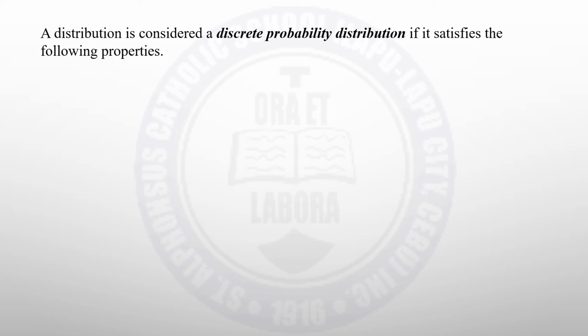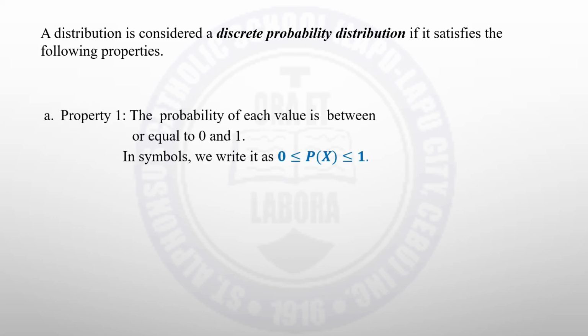A distribution is considered a discrete probability distribution if it satisfies the following properties. First, the probability of each value is between or equal to 0 and 1. In symbols, we write it as the probability of the random variable is less than or equal to 1, but greater than or equal to 0.